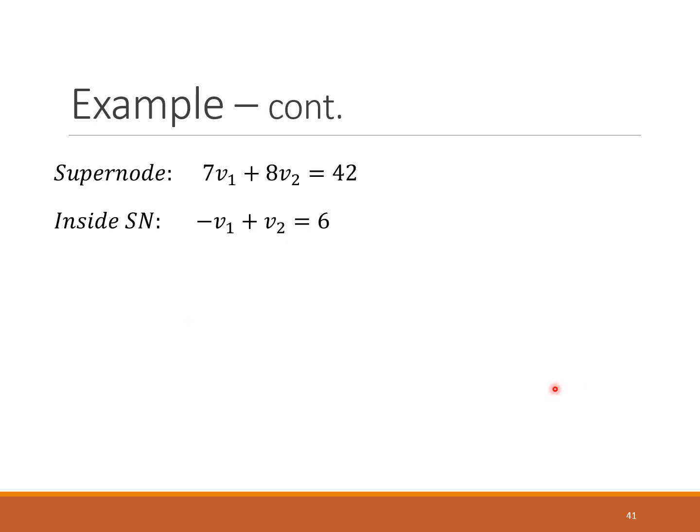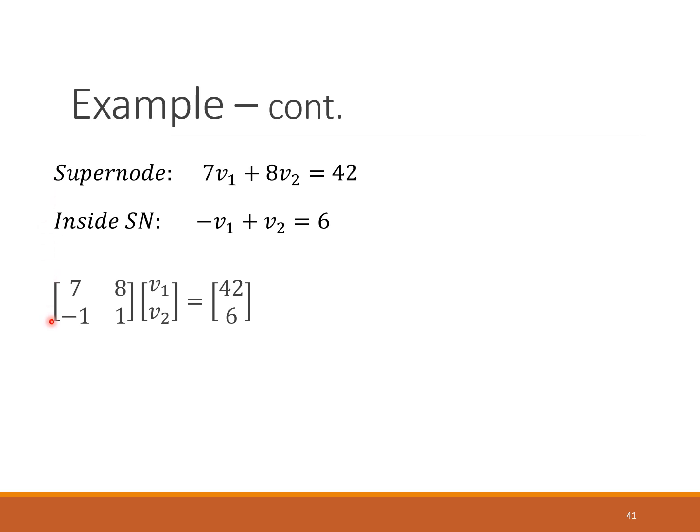So now we're at a point where we can take our two equations. We have now a supernode equation and what I'll call an inside-the-supernode equation. And we're going to put that into our matrix form. The first row of our coefficient matrix is the coefficients from our first equation, so in this case, 7 and 8.